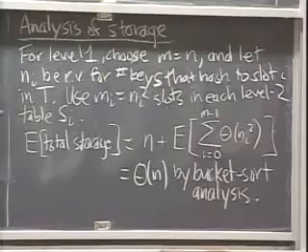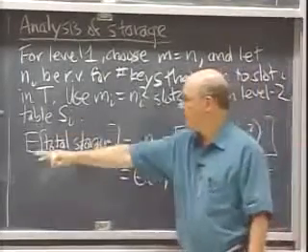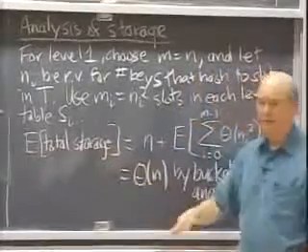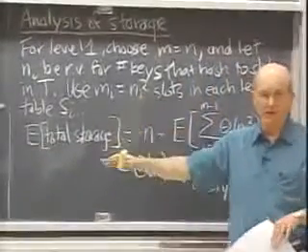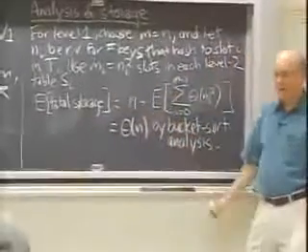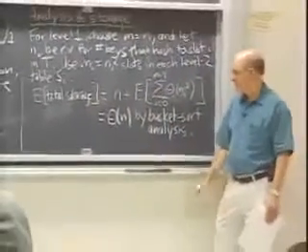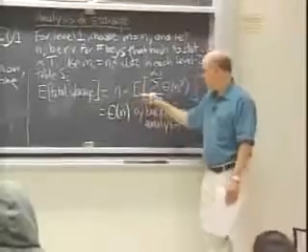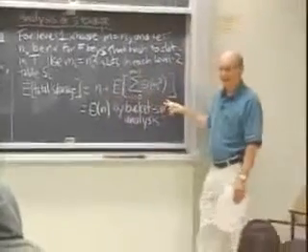Okay? And you can also, out of this, as we did before, get a probability bound. What's the probability that it's more than a certain amount times n, using Markov's inequality again? Okay? But this is the key thing, is we've seen this analysis.